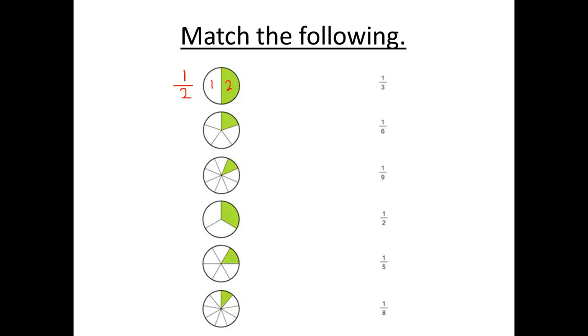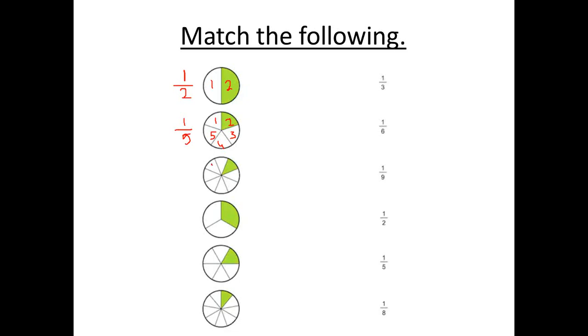So next one is, now let's write the fractions first. Then we will match. So next circle, see how many equal parts? 1, 2, 3, 4, 5. Right? Only one part has been shaded. So I will write 1 and the circle has been divided into 5 equal parts. So whole equals 5. So 1 by 5.